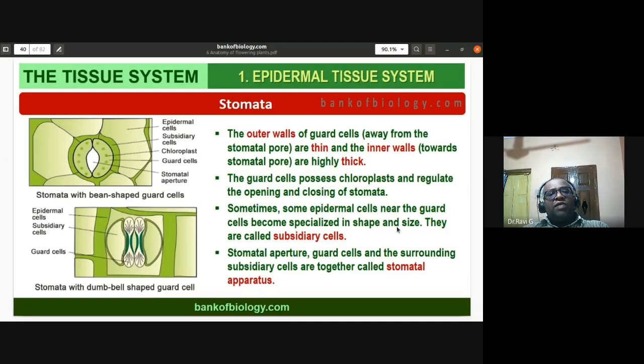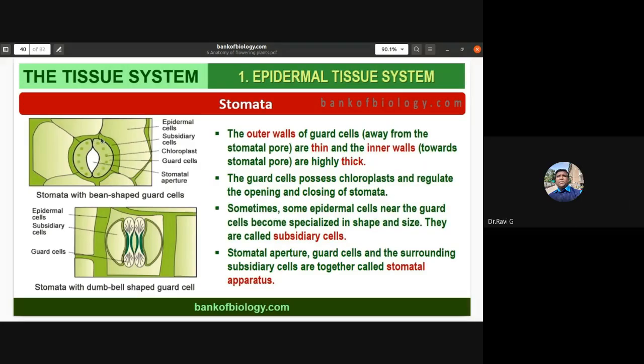Now if you look into the stomata structure, you have to practice this diagram for 2 marks. In case of the bean-shaped guard cells, which you notice in dicot plants, they are kidney-shaped or bean-shaped guard cells. They have an outermost thin layer of wall, while the inner walls are thick.